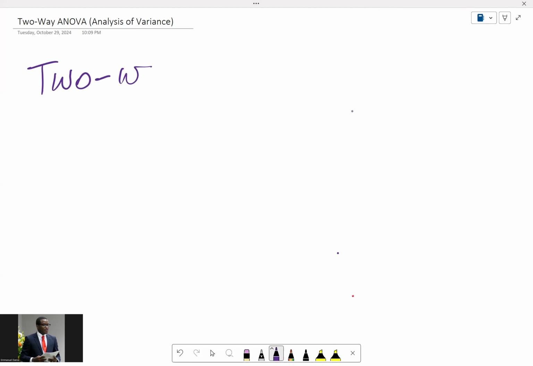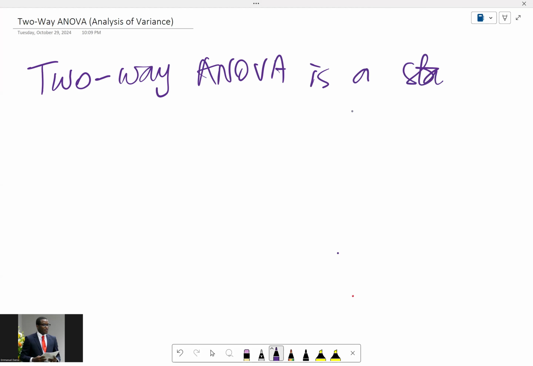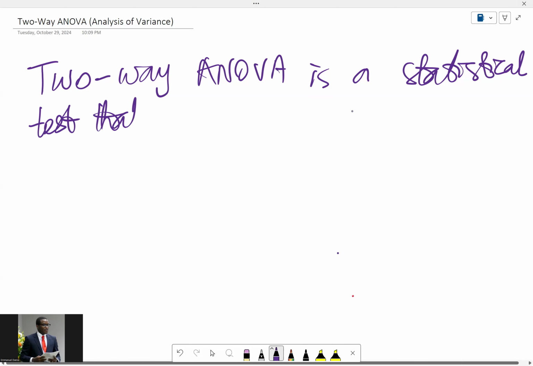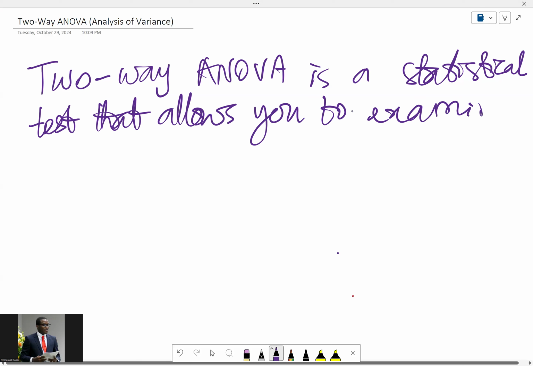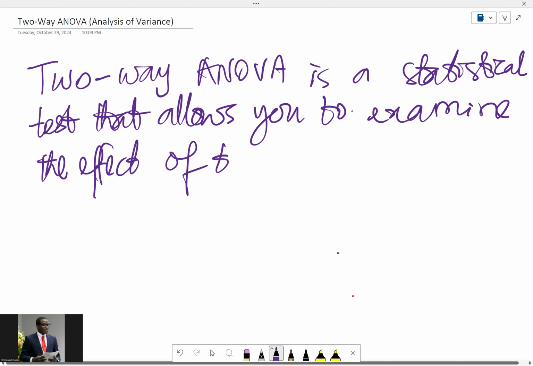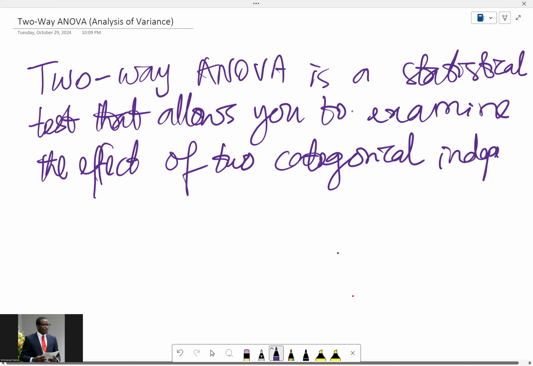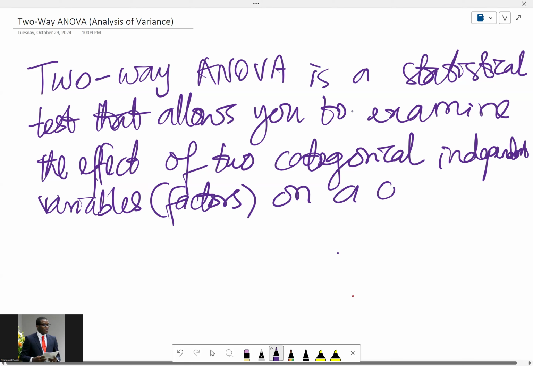Talking about two-way ANOVA, that is analysis of variance, it is the statistical test that allows you to examine the effect of two categorical independent variables, or what you can call factors, on a continuous dependent variable.